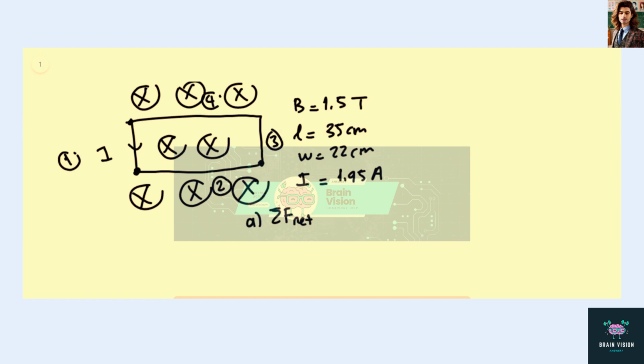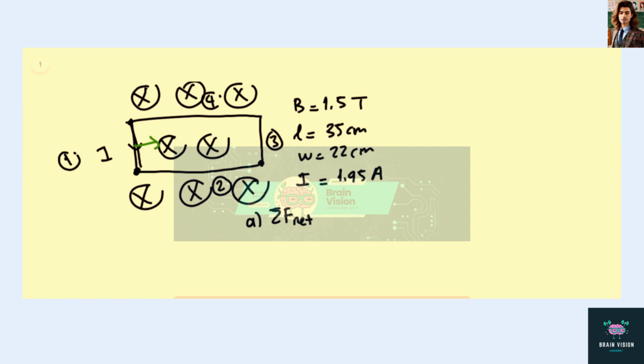Now, when we look at the direction of the force for the first segment, let me use a different color. As you know from the right-hand rule, your thumb is along the direction of the current, which is down, and the rest of your fingers are aligned with B into the page. So curl your fingers 90 degrees.